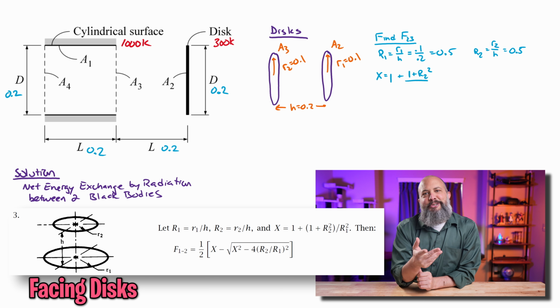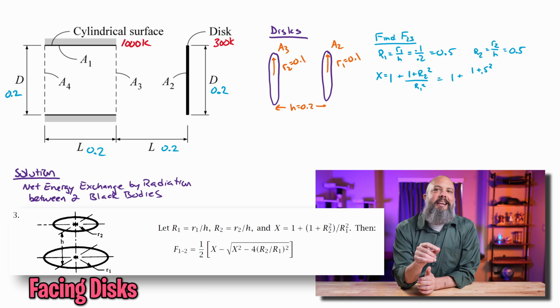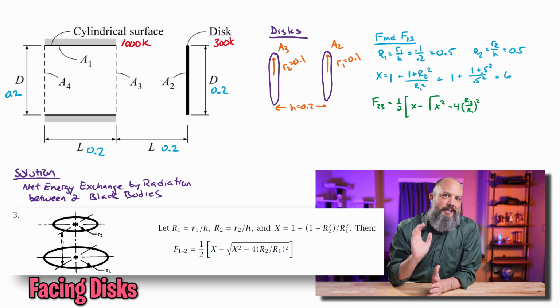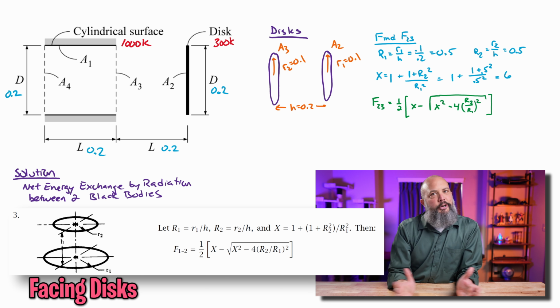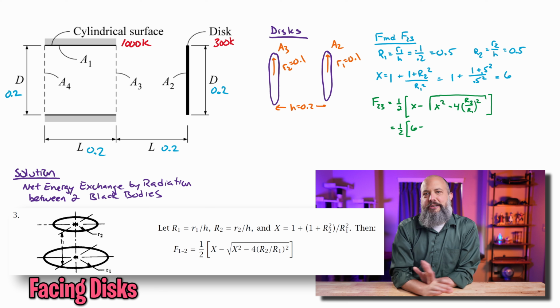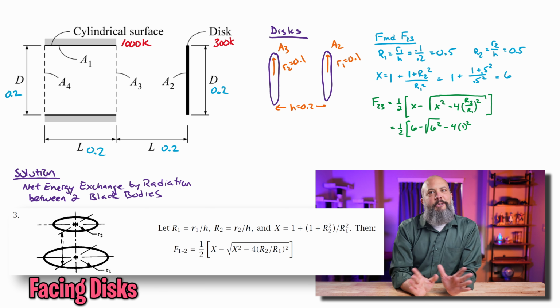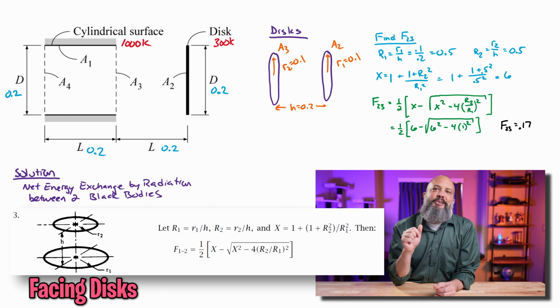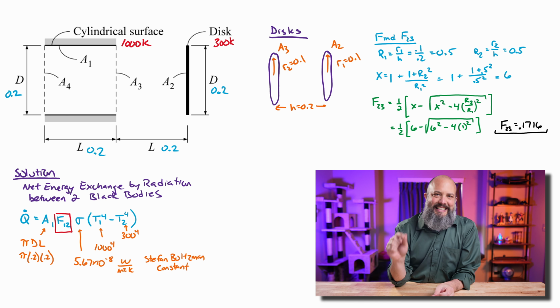Plug this in to find X, and that's going to be a value of 6. And then plug X, R1, and R2 into this shape factor equation. And yeah, this is kind of a big equation, but trust me, it could be a lot worse. Some of these shape factor equations are really bad. This one's medium bad. Plug it in, shape factor 0.1716.